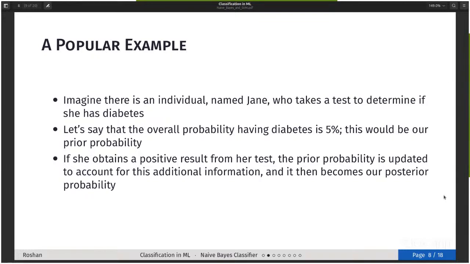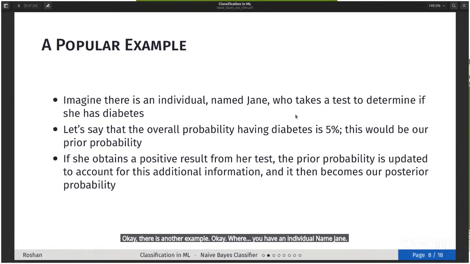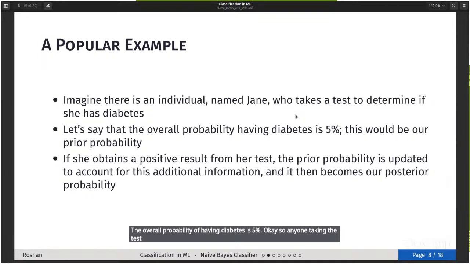There is another example where you have an individual named Jane who wants to take a test to determine if she has diabetes or not. The overall probability of having diabetes is 5%. So anyone taking the test would have an overall probability of 5%.